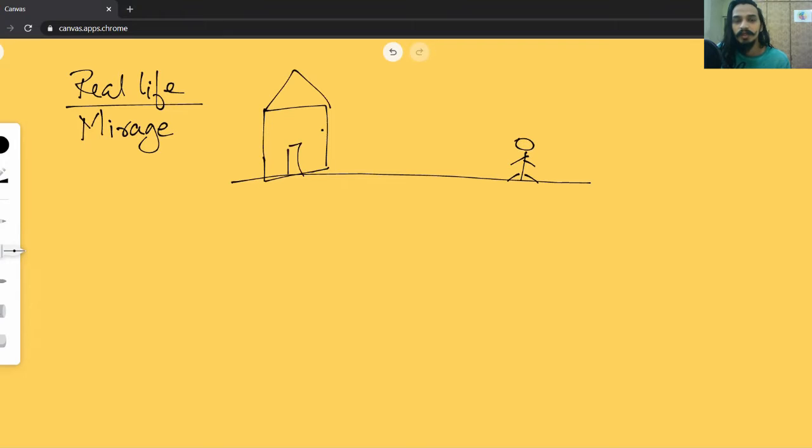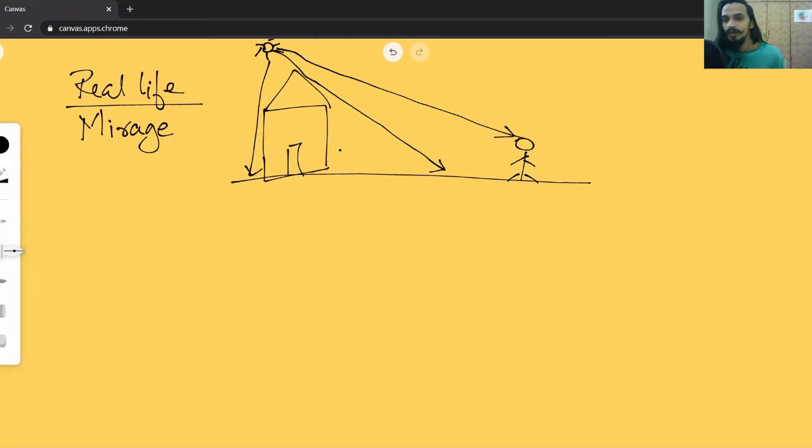Now, what happens typically is that light comes from the sun, up in the sky. This light always travels in a straight line, so it would come towards you or towards the house, in every direction. Light just goes out in straight lines, which is why you're able to see. That is how light and vision work.